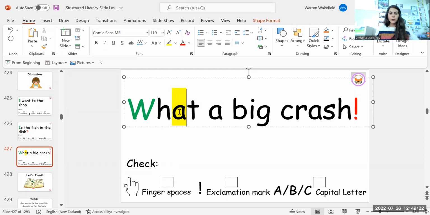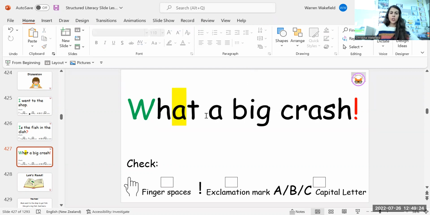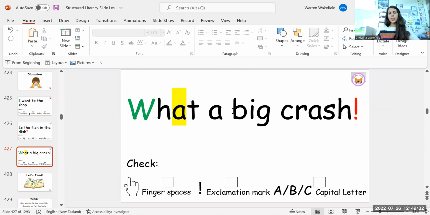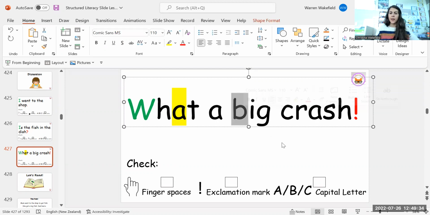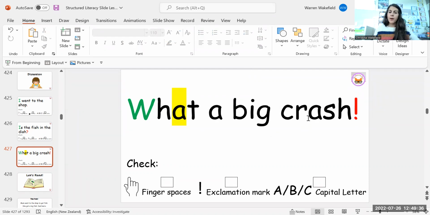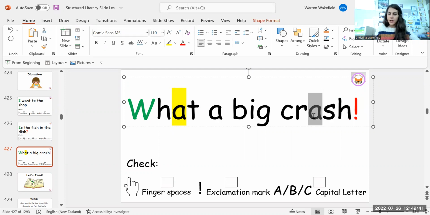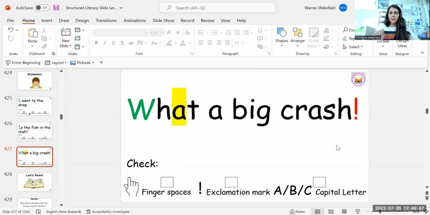Did you spell what correctly? Did you leave finger spaces in between each word? Did you form your letters correctly, making sure that the B is facing the correct way? And in crash, did you spell crash correctly with the correct short vowel sound? And did you end your sentence with an exclamation mark? Okay, and then give yourself ticks and you can correct yourself as well.